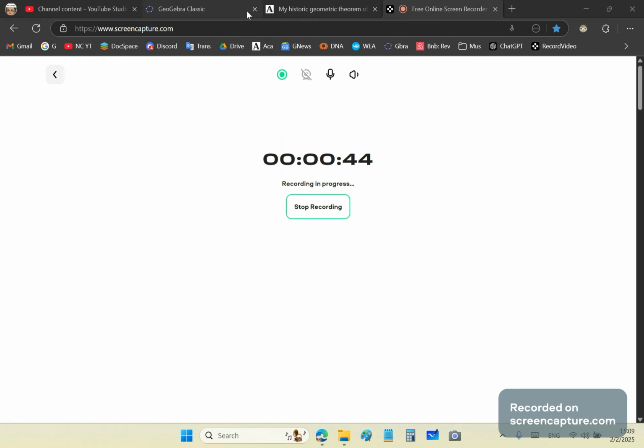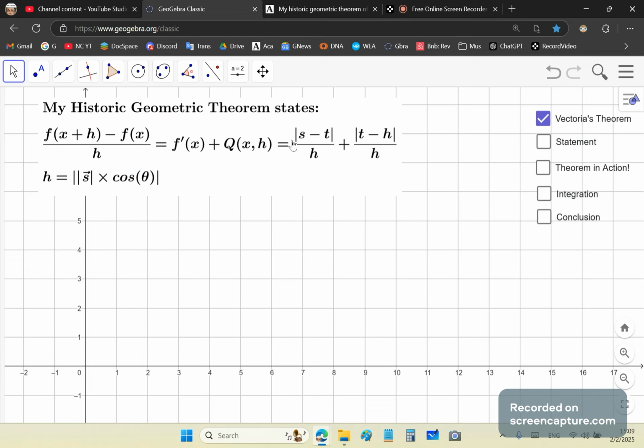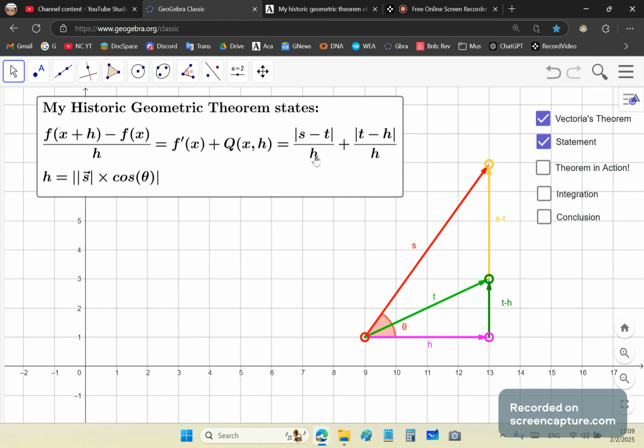Let's begin. So, what does Vectoria's theorem state? Well, it states that if you take the magnitude of two vectors, let's just say two vectors, s and t, and take that as a ratio of h, of the length of the vector h. These are all vectors here. I should have actually put h in.